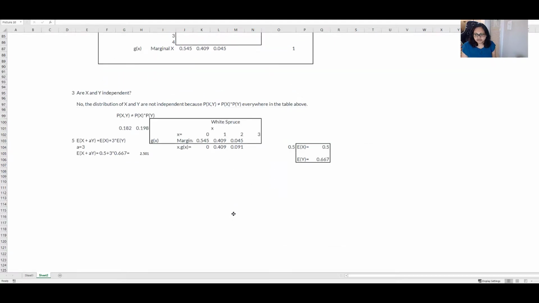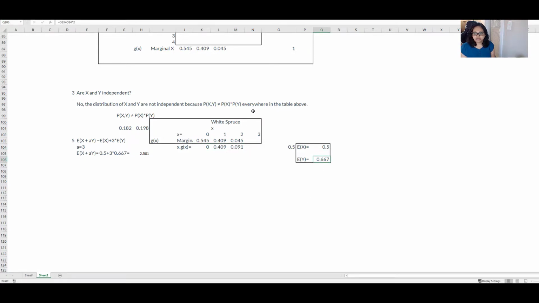And then how can we find the expected value? To find the expected value, we have to use the table, the marginal values we have. Each of those marginal values you have to multiply by the associated random variable value and then sum them together to find the expected value.